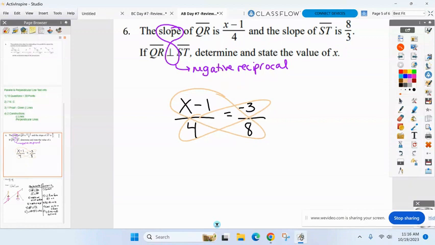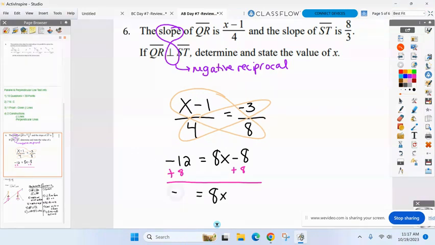I get negative 12 equal to the other cross multiplication, 8x minus 8. Make sure you distribute the 8 all the way through. And now we solve. Add 8, add 8. 8x equals negative 4.